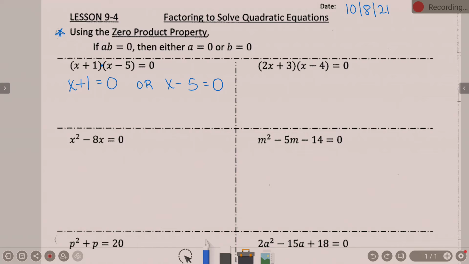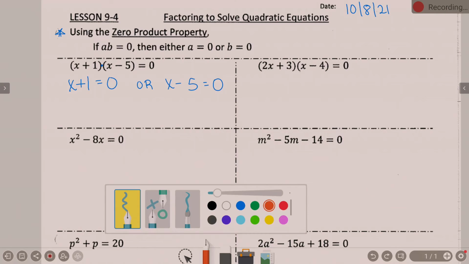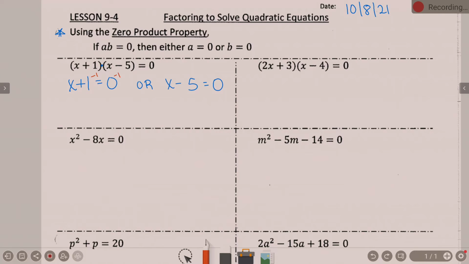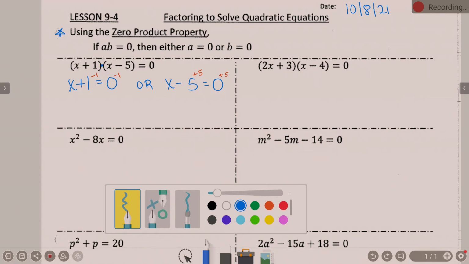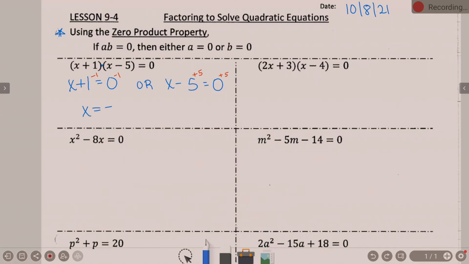It's just doing the basic work. If it's x plus 1, we are going to subtract 1. If it's x minus 5, we are going to add 5. And so we come up with possible solutions of x equals negative 1 or x equals 5. Okay?